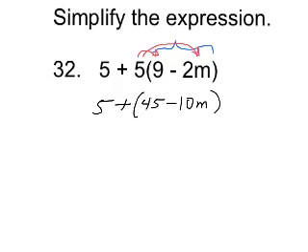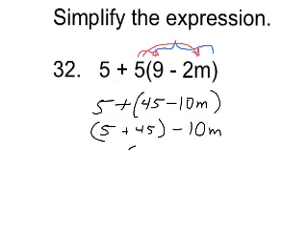So why don't I do it? 5 plus 45, make that a group, minus 10m. 5 plus 45 is 50, and then the minus 10m. We're done. And that's all we can do. We can't go any further because we don't know what m is. It's an unlike term. We can't combine 50, just a number, with something with a variable.